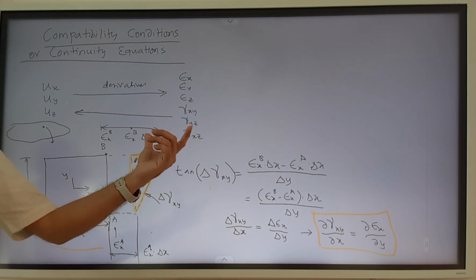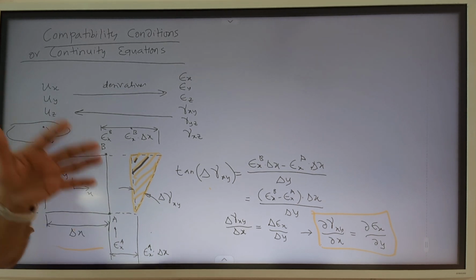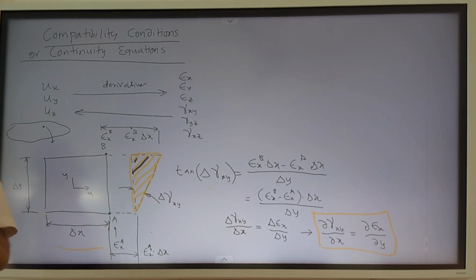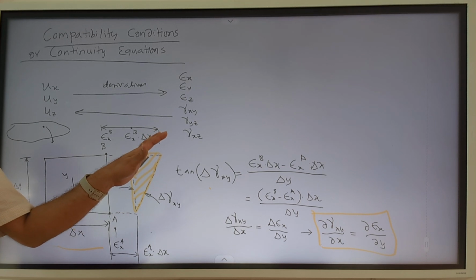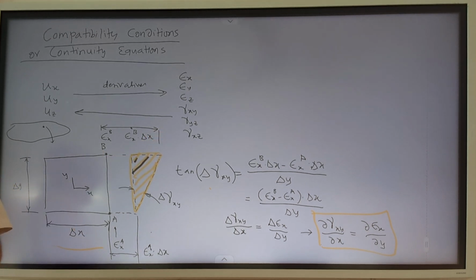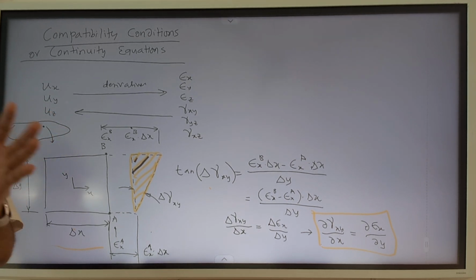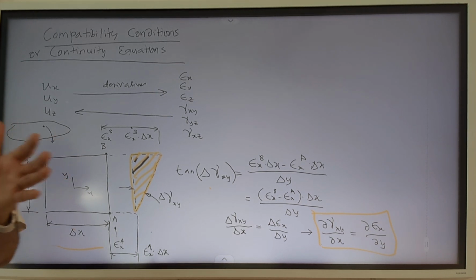Because we are talking here about small strain. Whatever theory we are doing in this course is called small strain theory. There is another theory called large strain theory, which is beyond the scope. Luckily, for the majority of engineering applications, we are dealing with small strains, unless you have something like springs where large displacement requires some other theory.